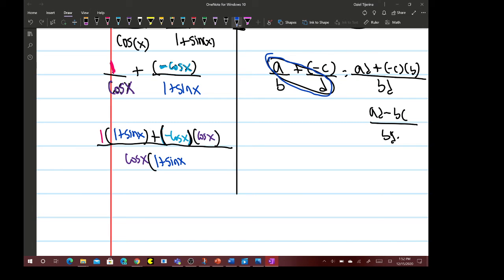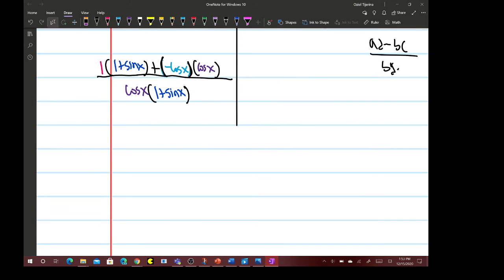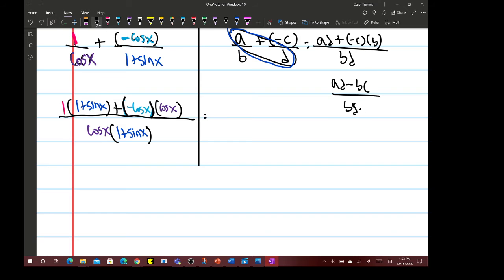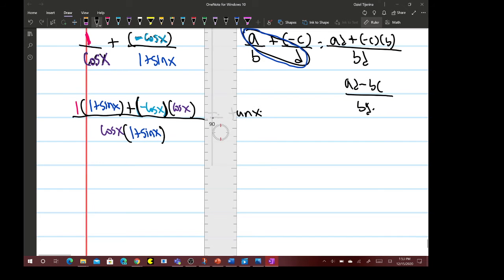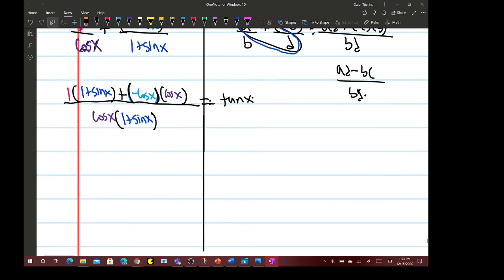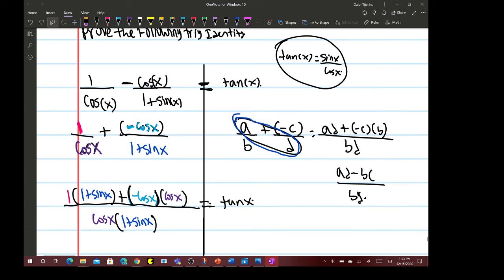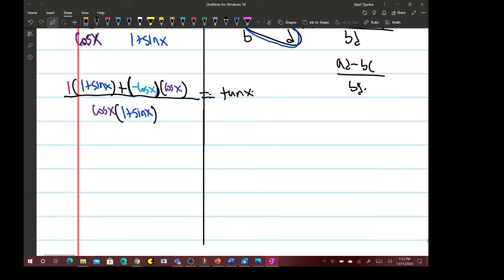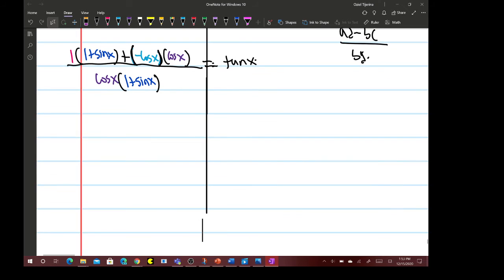Okay, so that's how it would be, and then you would make this equal to tan x. You want to make sure that you leave that side the same. You don't have to draw a line, this is just to organize my work, but if you get lost with the equal sign and stuff, I would recommend drawing the line.